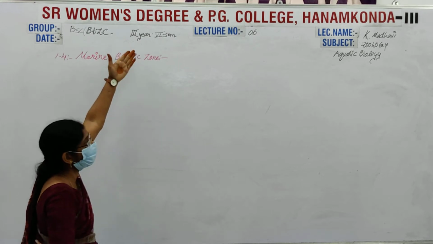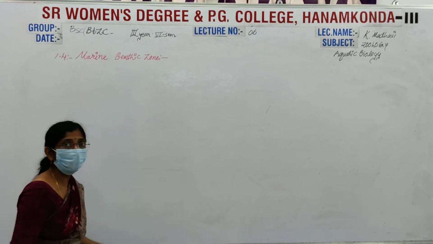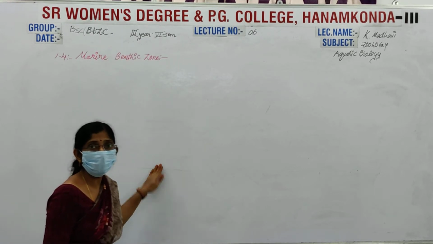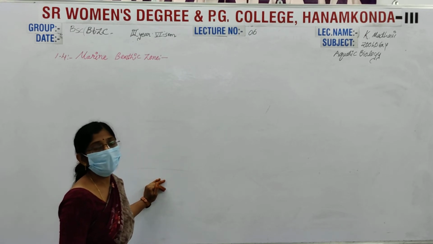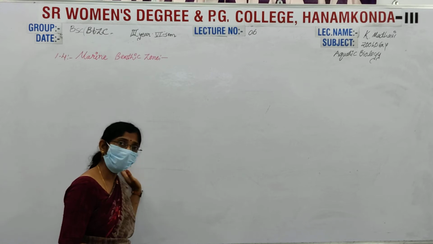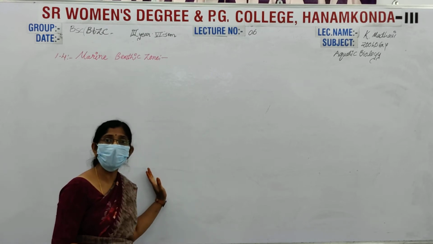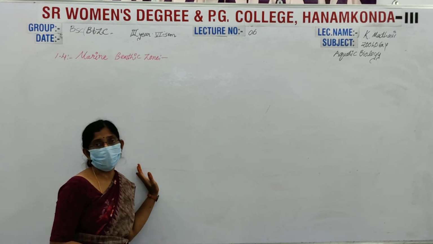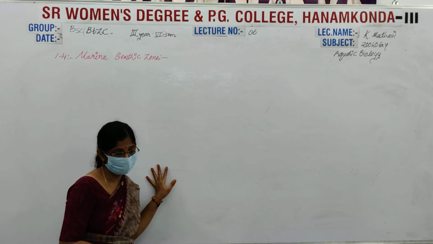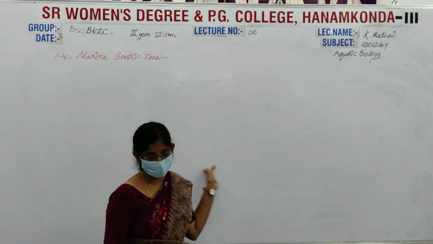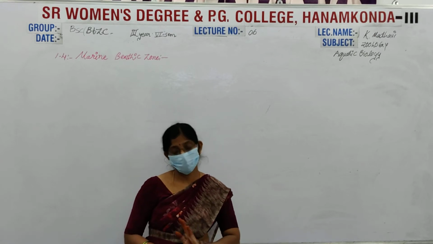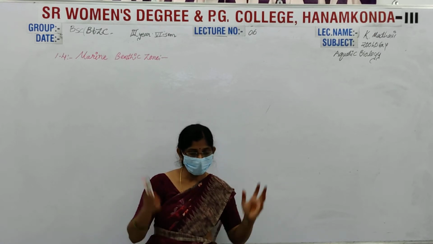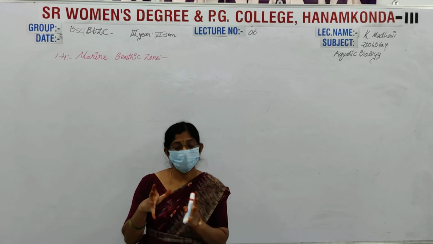Pelagic means upper and benthic means lower. The lower substratum of the water body, the ending place of all water bodies, is known as the benthic region. It is the lowest level of a marine or freshwater system and includes the sediment surface.